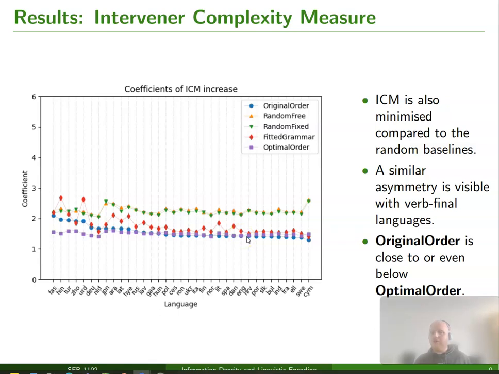But the optimal order algorithm doesn't optimize for ICM directly. It's possibly applicable, but it optimizes for dependency length. So we'd be cautious about this conclusion and probably recommend further investigation. But once again, we do see the same rising tail on the left, which shows that there's the same asymmetry for intervener complexity measure as well.